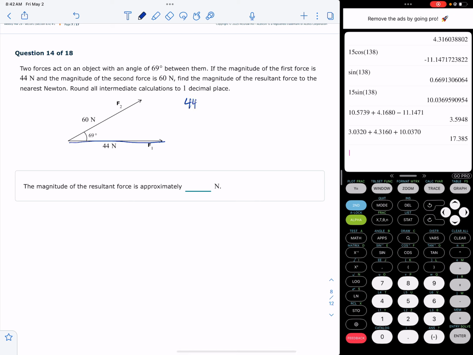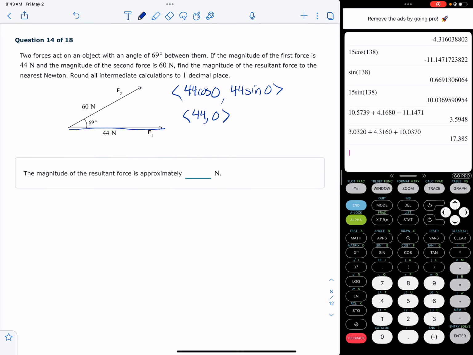So it'd be 44 cosine 0 and 44 sine 0. And so cosine of 0 is 1, so this would be 44. Sine of 0 is 0.